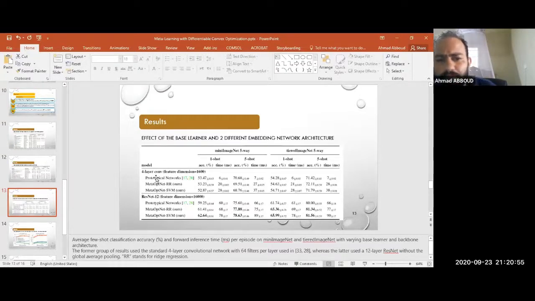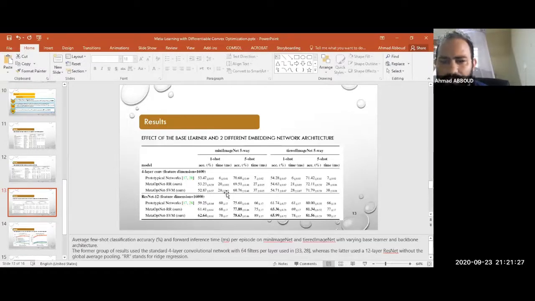You can see that when we use the embedding model with a prototypical network as a classifier head, we reach an accuracy on one shot of 53.4, and when we use the MetaOptNet RR as a classifier head, we reach approximately 53.23 and 52.82.